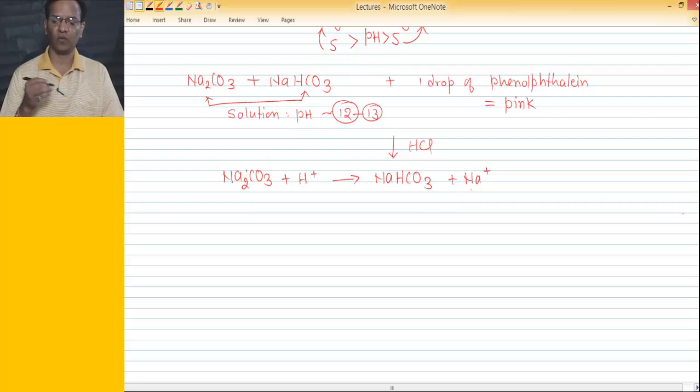So sodium carbonate will first be neutralized into sodium bicarbonate, and then bicarbonate will neutralize further once the sodium carbonate is neutralized completely. As this titration proceeds, the stronger base will be consumed from the solution and the pH of the solution will decrease gradually. The instant at which sodium carbonate is completely converted into sodium bicarbonate, the pH of the solution comes out to be less than 10.